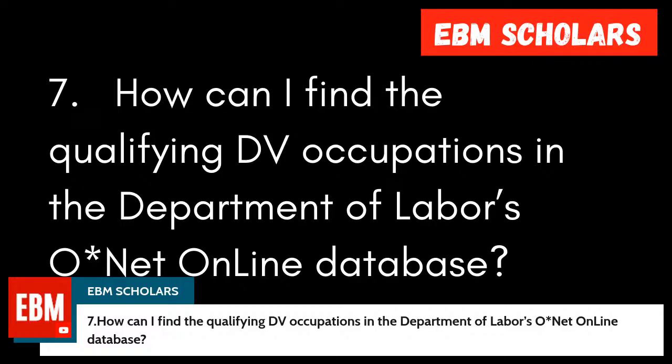If that SVP range is 7 or higher, you are qualifying. If it is less than that, you don't qualify. So before you fill out the DS-260, the immigrant visa form, make sure you know what job you are going to put there and what experience you need to have.